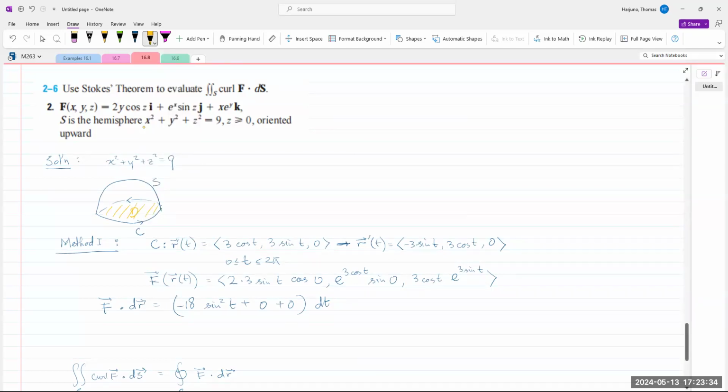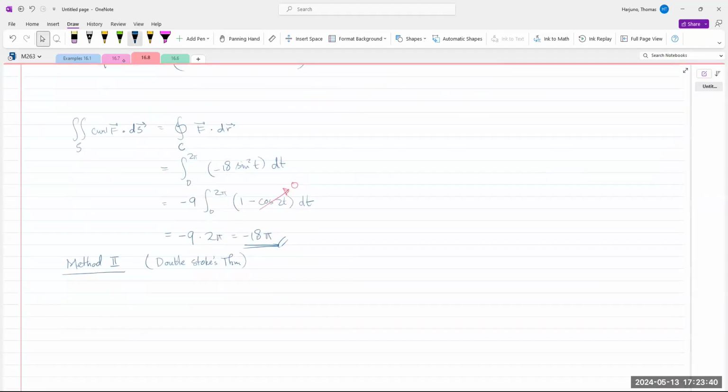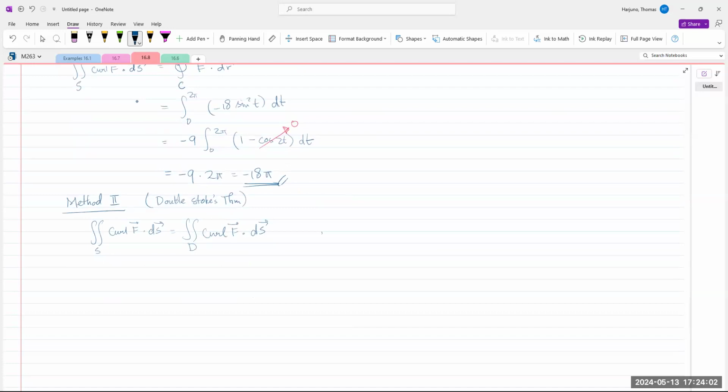Let's call that D. Okay, so double integral over surface S of curl of F dot dS is equal to double integral over D of curl of F dot dS. The nice thing about that D is that dS is 0, 0, 1.